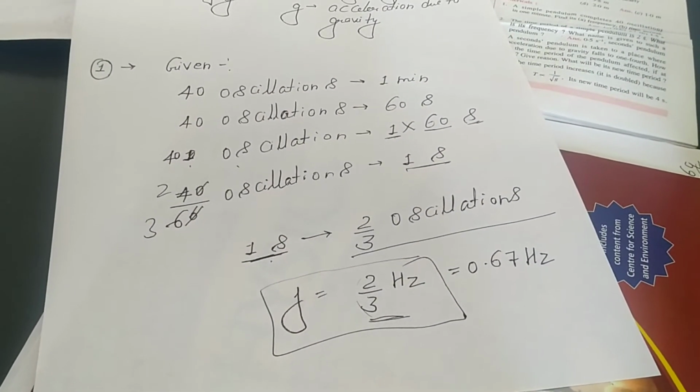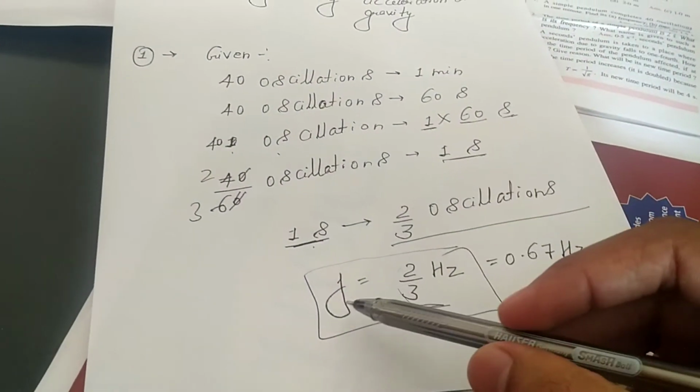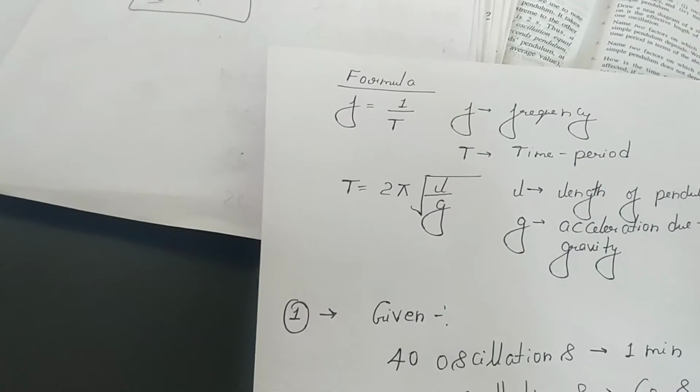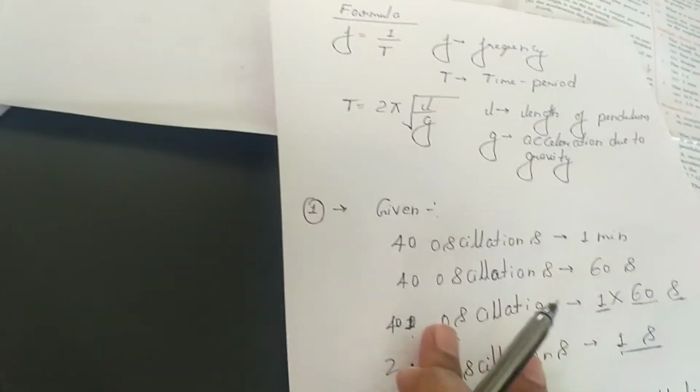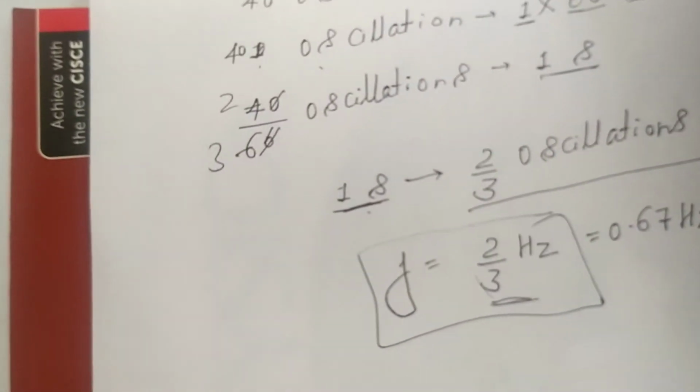Now in the second part they are asking you to calculate time period. So how do I calculate time period? I know F is equal to 1 by t. So I'll use this. F I have already calculated, 2 by 3 Hertz.